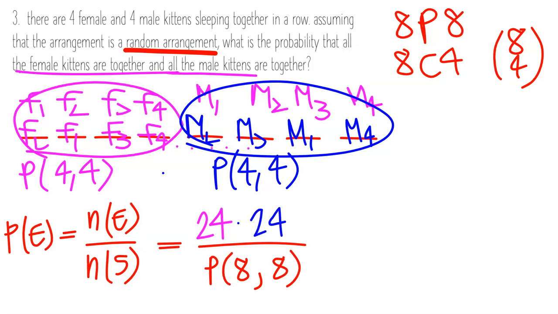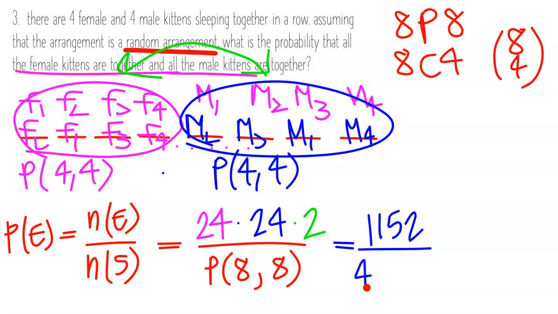But the reason this is not my final answer is because I assumed that the 4 female kittens come first and then my 4 male kittens. However, they could also be in reverse, where I have all the male kittens and then all the female kittens. That's why you would have to take this and also multiply it by 2, just to take into account the males and the females switching spots. When you do this, you end up getting 1,152 divided by 40,320.